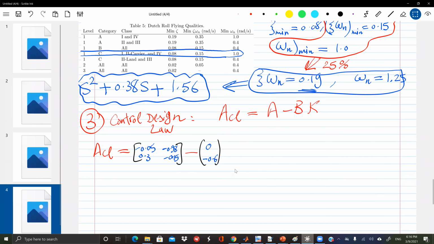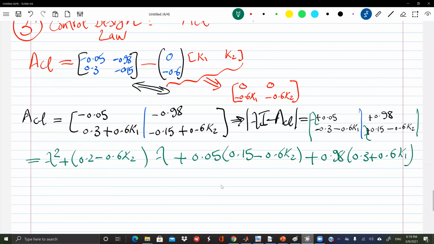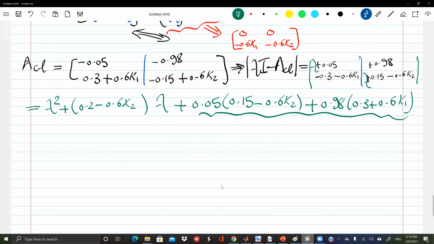This is all times lambda plus the free term, which is 0.05 times 0.15 minus 0.6 K2 minus, so this is plus, 0.3 plus 0.6 K1. This thing is how much?